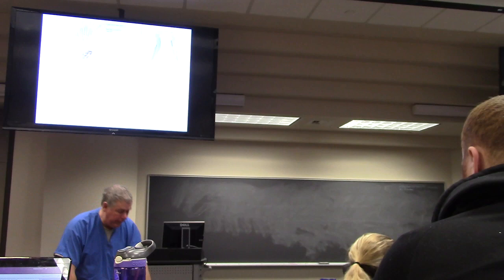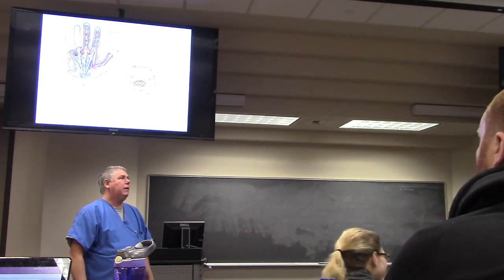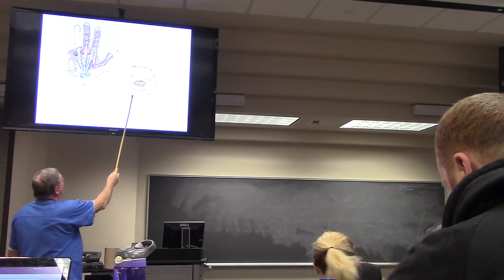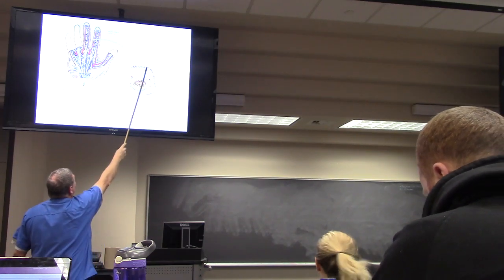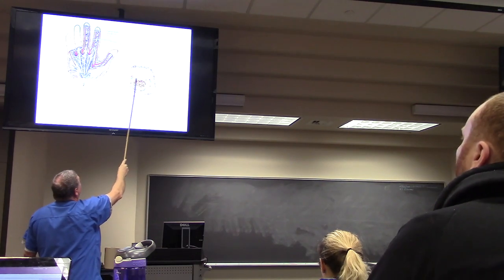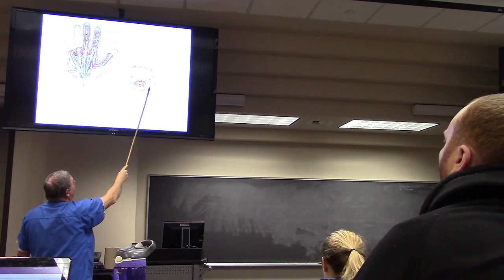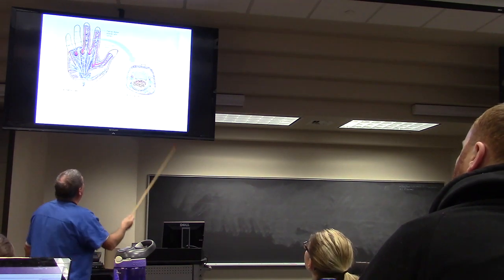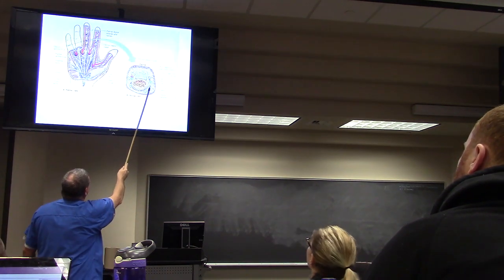Kind of rolling along here, that's good. If you look at a cross-section of the digit here, this is the dorsal surface, there's the palmar side. You see the 2 big nerves there and the 2 big arteries. Smaller arteries are out here, the nerves, I can never find the nerves in there.